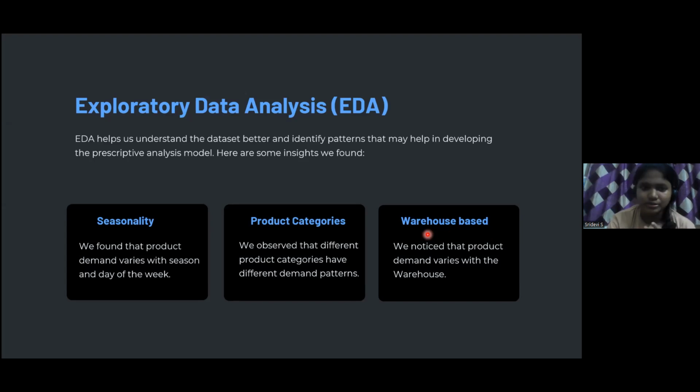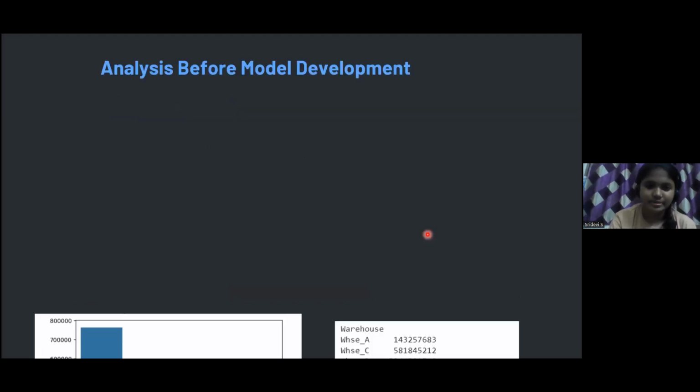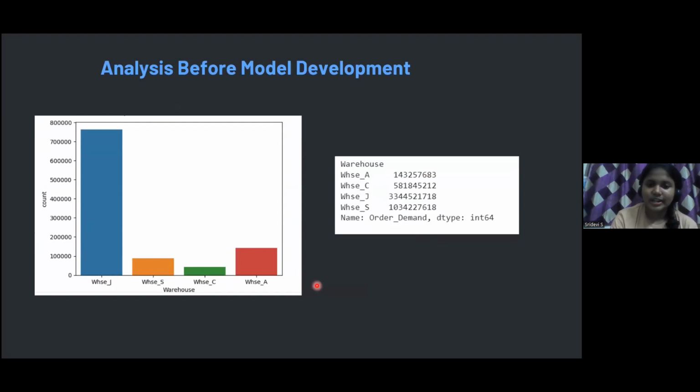To summarize, in this EDA, we'll be mainly focusing on analyzing each data based on another column. So we'll be analyzing the relationship between 2 columns. These are the outputs of my analysis before the model development.